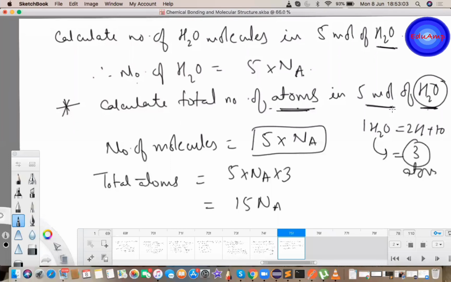So first, you calculate number of molecules, which will be 5 into Na. And as you can see, there are 2 hydrogen atoms and 1 oxygen atom, which will give you 3 atoms in one molecule. So if you have this many molecules, the total atoms will be 5 into Na into 3, that is 15 Na. Please let me know if you want this explanation again. Okay, no? Okay, let's try one question.